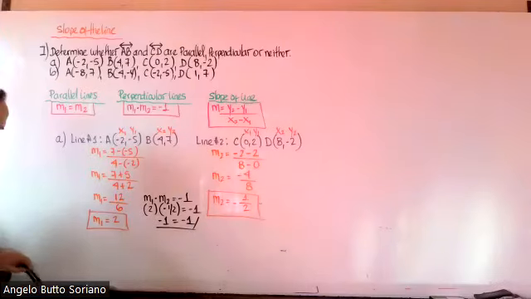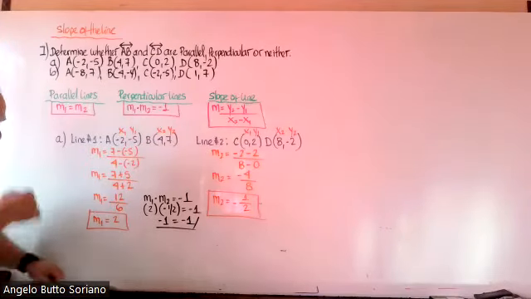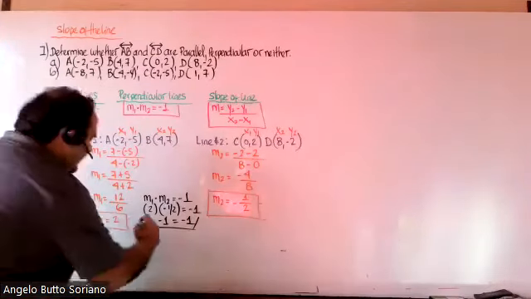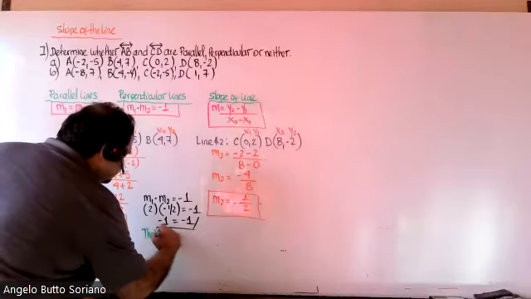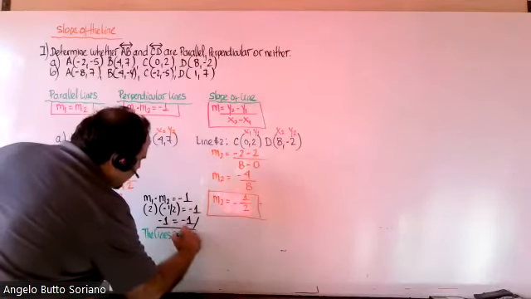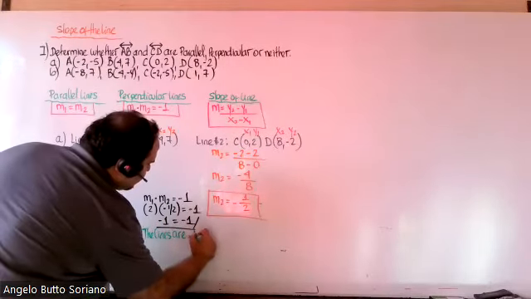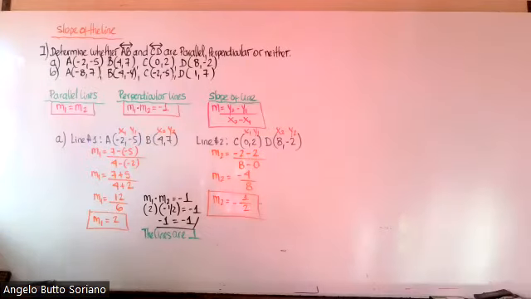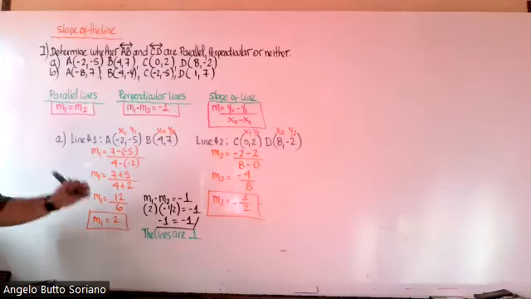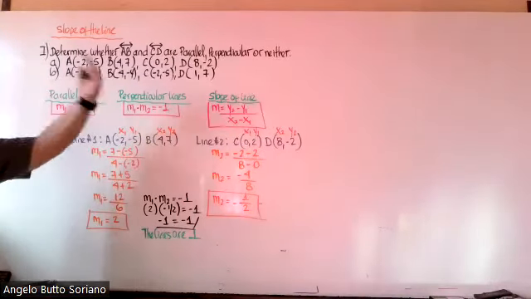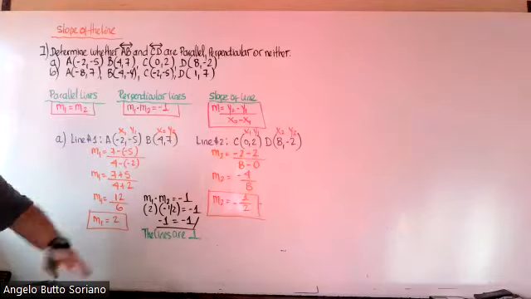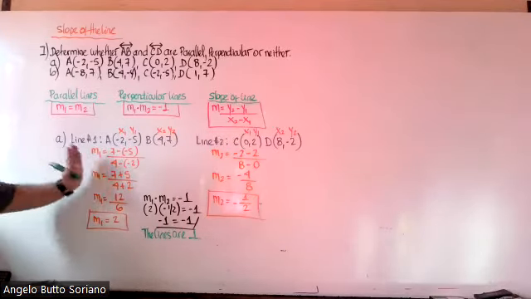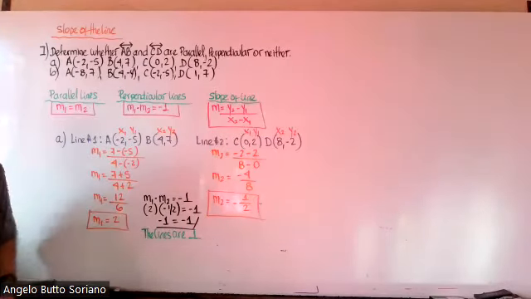For that reason, the answer, at least for the first question, is that the lines are, remember this inverted T, that means perpendicular. Or you can say line AB is perpendicular to line CD. And we have the first solution of the problem.